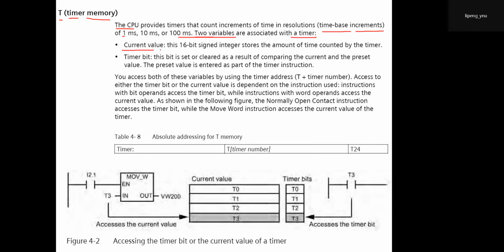Its current value, and the timer bit. Its bit is set or cleared with the result of comparing the current and the preset value.